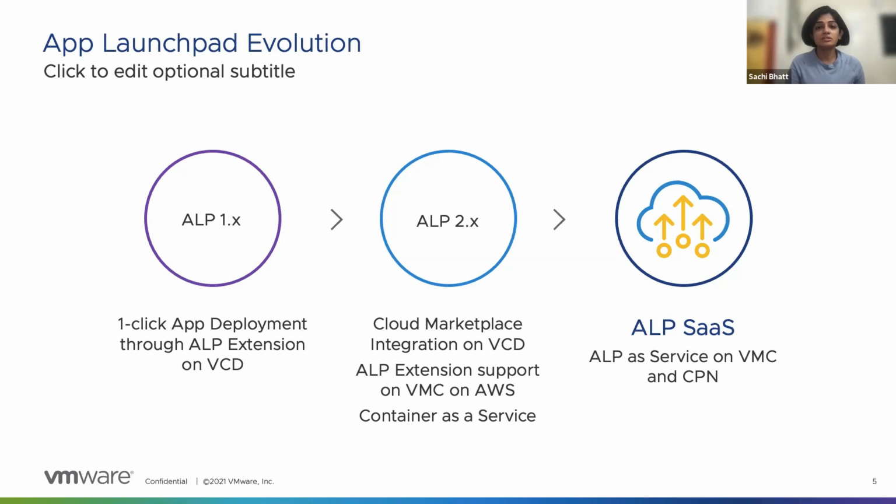For that, we can still continue to use the extension for the on-prem scenario. And as of now, ALP SaaS is targeting cloud endpoints like Cloud Director service and individual SDDCs that are available on the VMware Cloud. Got it. But feature-wise, the end goal is to have both of them at parity, and for the provider, it will be a seamless experience whether they are using on-prem or the SaaS version. Okay.